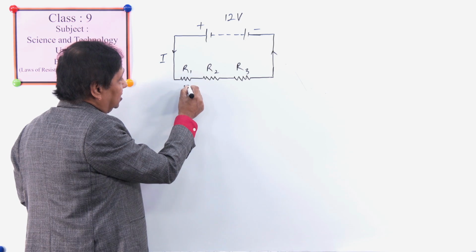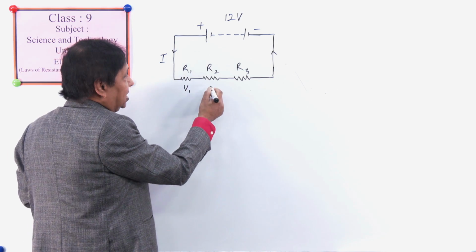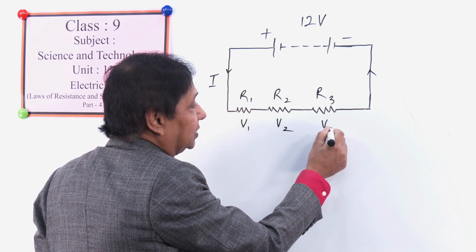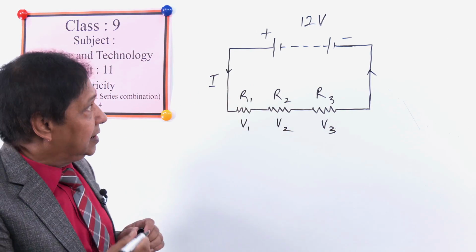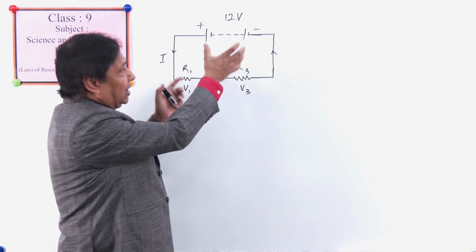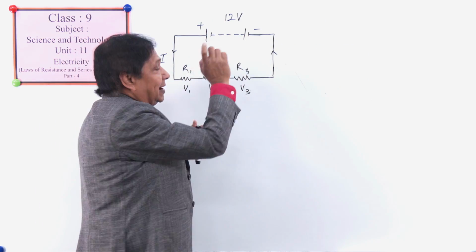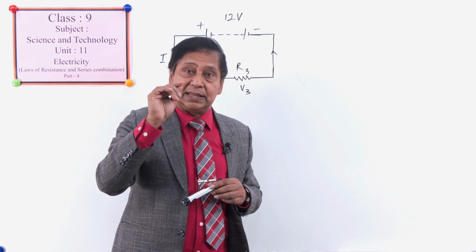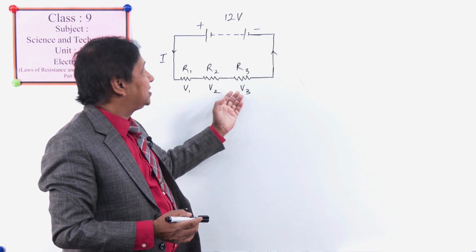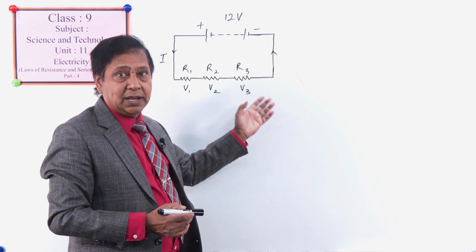Let's say PD across R1 is V1, PD across R2 is V2, and PD across R3 is V3. Then if we measure the total potential difference between this positive and negative terminal, and it is 12 volt, the same 12 volt is found to be dividing among these 3 resistors.